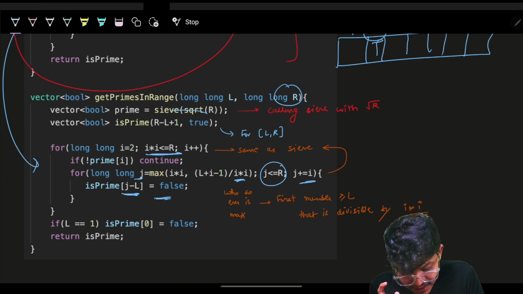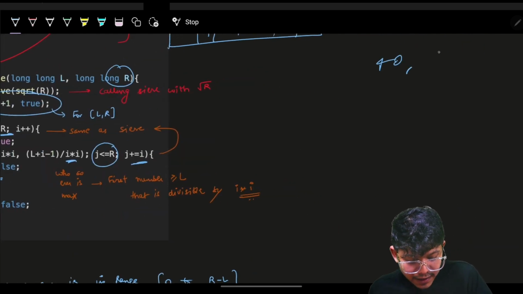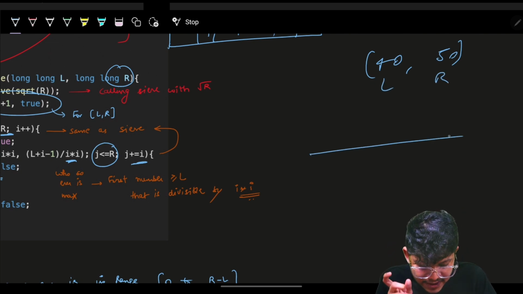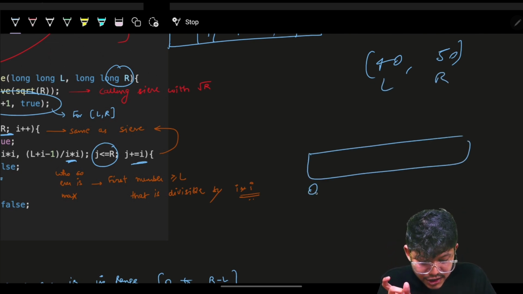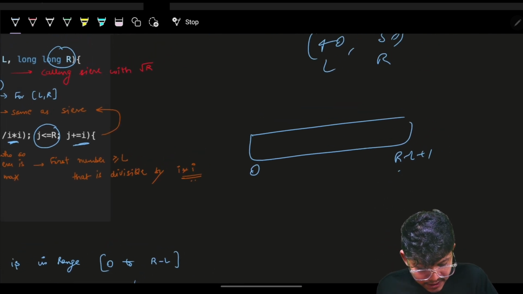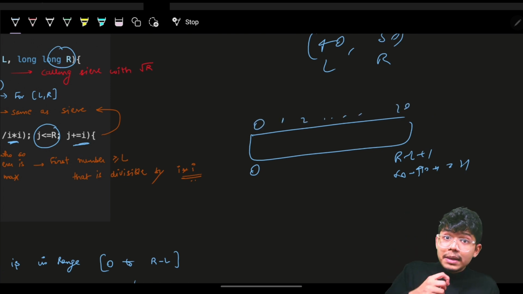Again, your array is of size R minus L plus 1. So if I take an array from 40 to 50, the array is L to R. You will make a simple array of size R minus L plus 1. Now 50 minus 40 plus 1 is 11. So you will mark from 0, 1, 2 up till index 10.